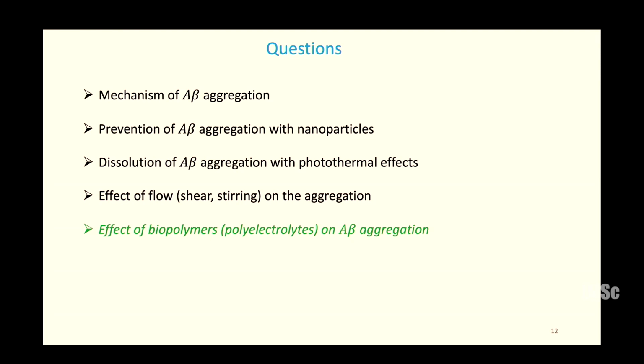And we are also interested to know whether these aggregates are affected by the flow conditions, the shearing effects and other fluid mechanical aspects. And finally, we were also interested in looking at how, there are a lot of biopolymers in our body, and that can also interfere with the amyloid beta aggregation. So what does that affect? So these are a set of questions that we've been looking at in the last 5-6 years or so.